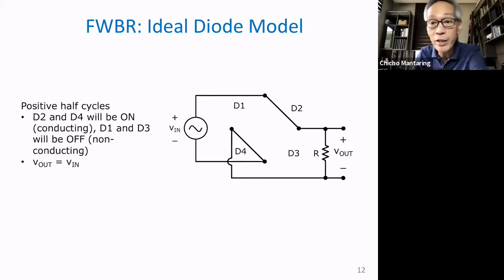And we replace D1 and D3 with a model for a non-conducting diode, which is an open circuit. And if you take note, the positive terminal of Vin is connected to the positive terminal of Vout, and the negative terminal of Vin is connected to the negative terminal of Vout. No? Therefore, Vout is just equal to Vin.